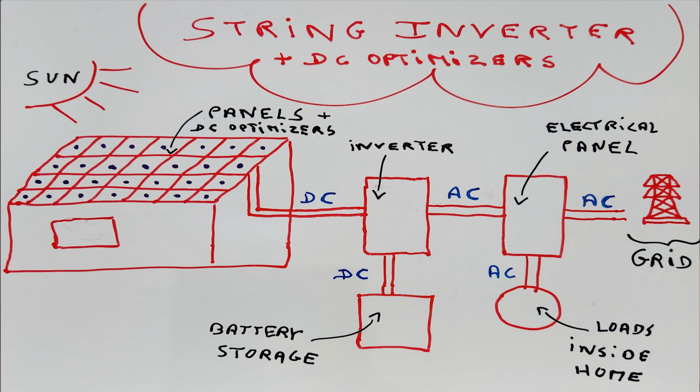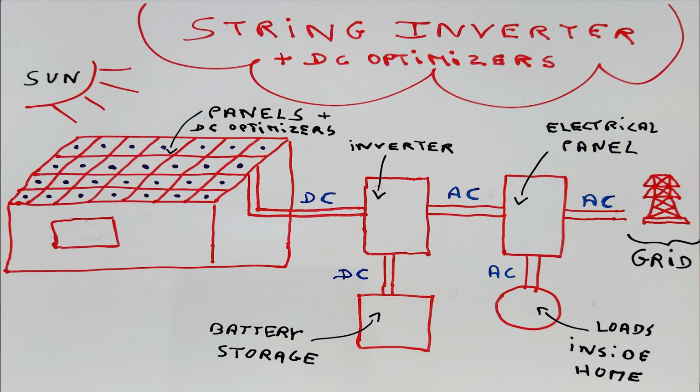And similarly to the string inverter configuration, DC power is sent to the inverter, and then the inverter will convert the DC power to AC power before feeding the home electrical panel. What is interesting with the string inverter with DC optimizers configuration is that it is a solution that combines the best of both worlds. And so the advantages are multiple.